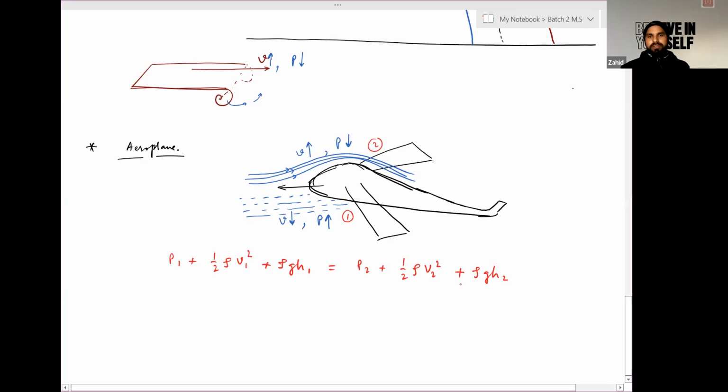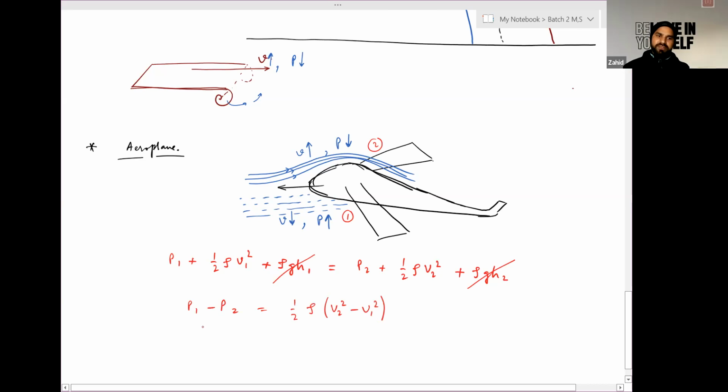As there is not much change in height between these two levels, these terms will cancel out. So move P2 to the left side and the velocity term to the right side. So it will be P1 minus P2 equals half rho times (V2 square minus V1 square).